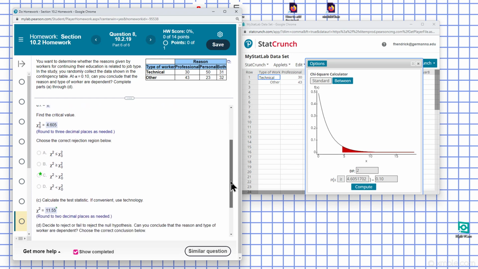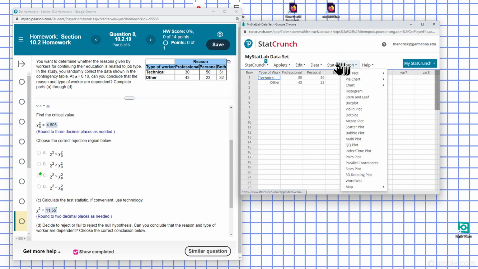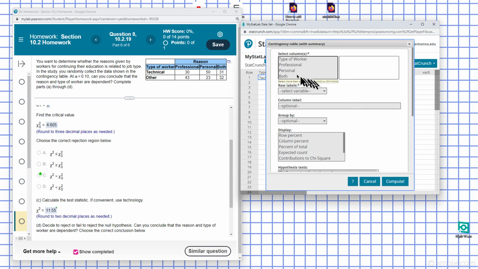Find the test statistic. Click Stat and then Tables, Contingency, With Summary. Select our columns.